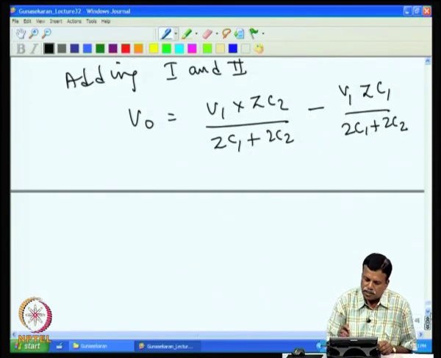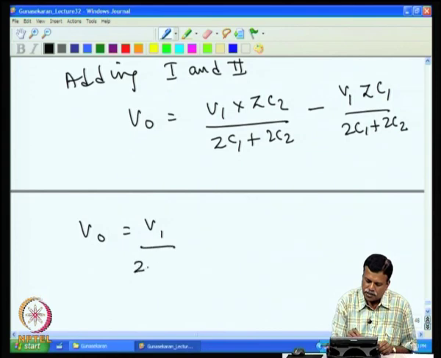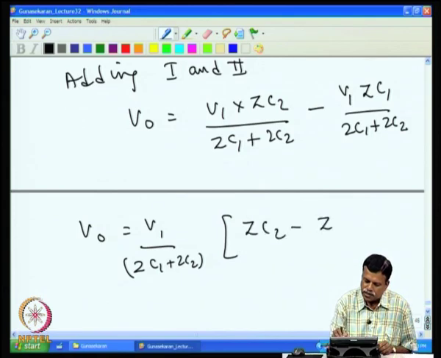Now, that we can show like this. Since V1, V0 can be simplified, V0 can be shown as V1 divided by ZC1 plus ZC2, and then we can show ZC2 minus ZC1.